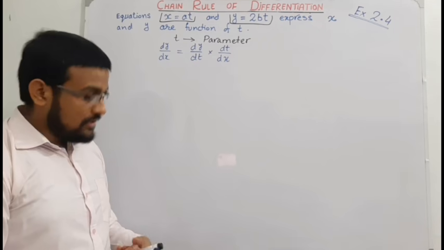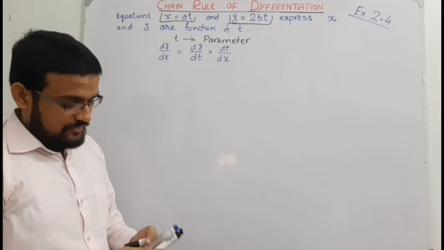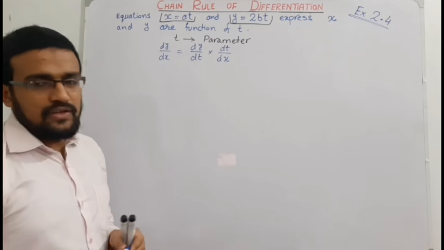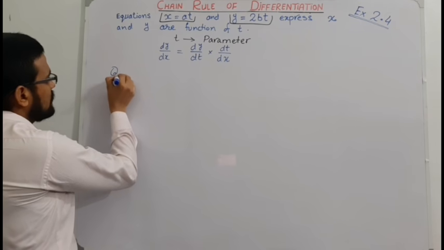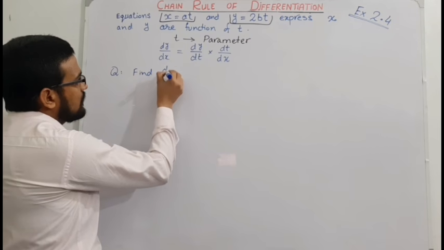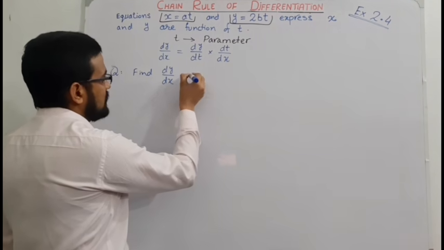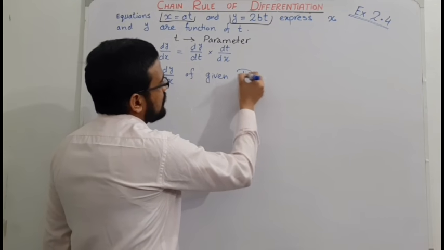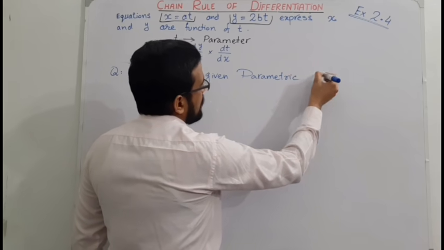So the exercise 2.4, the question of parametric equation: find the derivative of parametric equation. Question number 3: find dy over dx of given parametric functions.